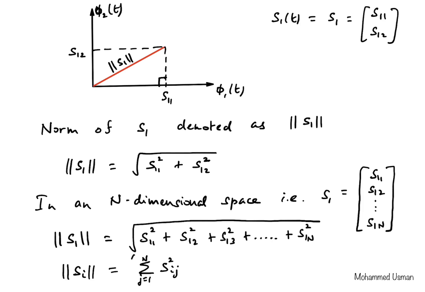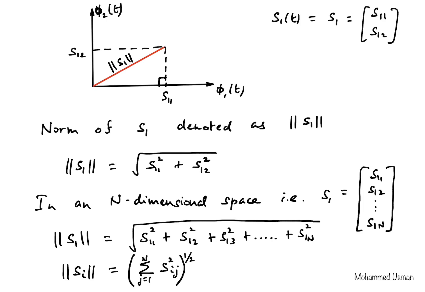Under the root means power half. The square root means it's to the power 1 by 2.